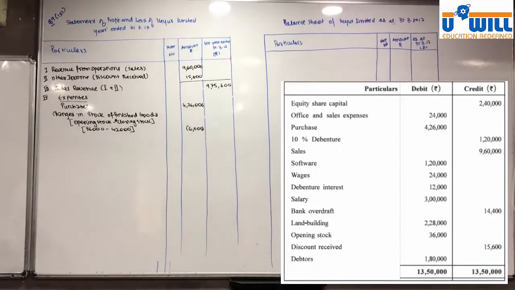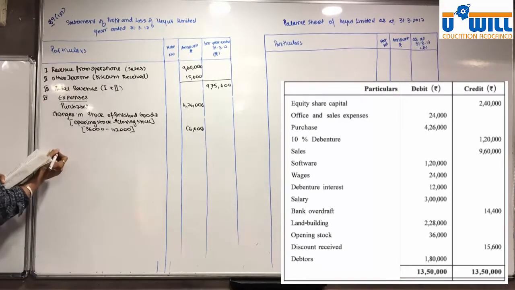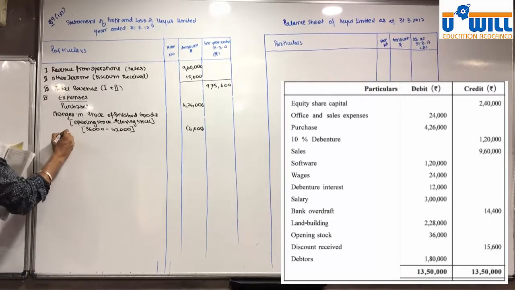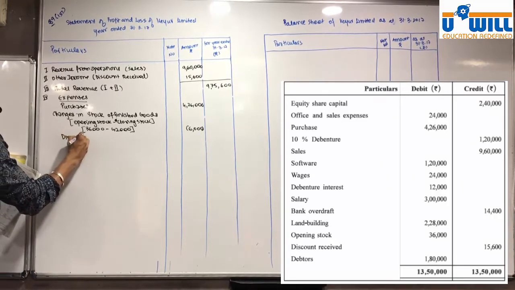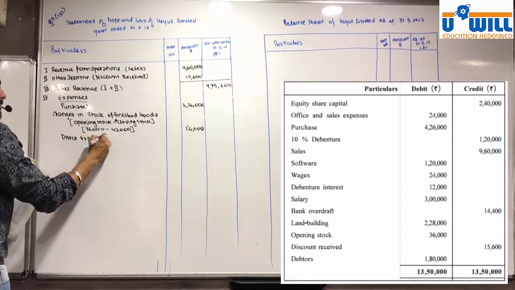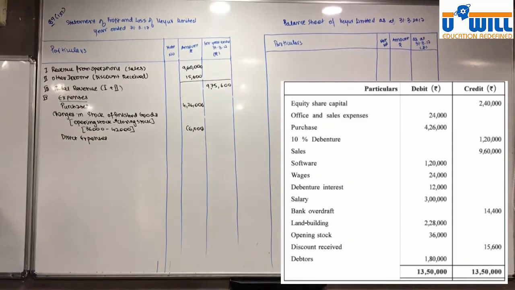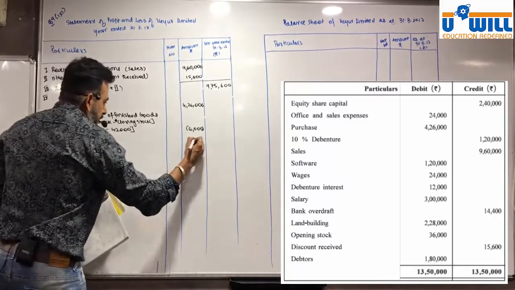Okay. Then direct expense. Do we have direct expense? Nothing is given, yet we still write direct expenses. What can we take over here? We can take wages, but because in the textbook it is given as employee benefit, we'll follow the textbook. So direct expense dash.